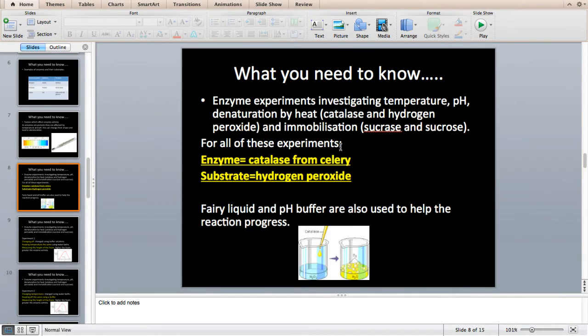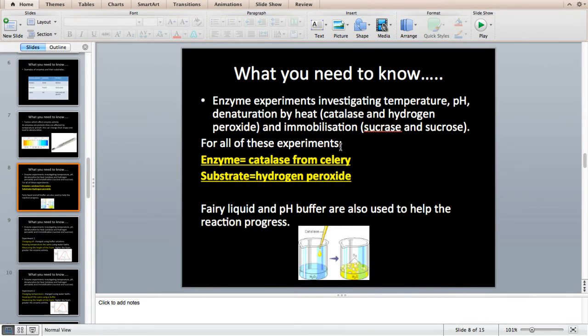Now, our first experiment, girls. So our first set of 3 experiments were all very similar. It was where we used our measuring cylinders, where we added the enzyme catalase from celery. Okay, so essentially celery juice. And we added it to hydrogen peroxide, a buffer, and a tiny amount of fairy liquid.